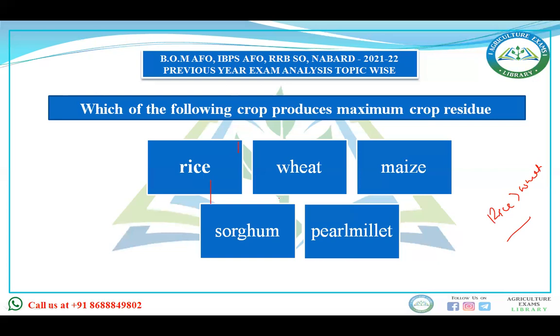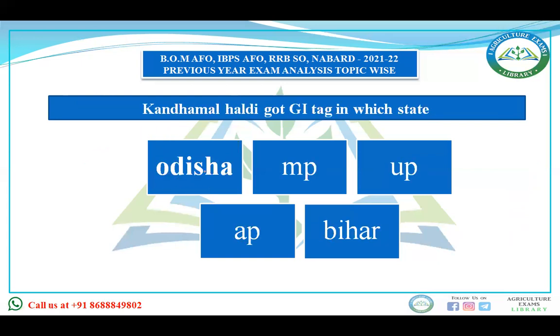And if you talk about crop residue of various crops, highest crop residue is produced by cereals, followed by fibers, then oilseeds. But here the question was asked by giving the names of crops. The answer is rice.